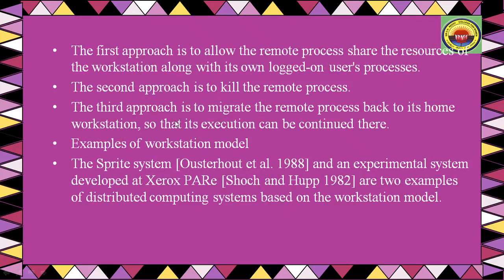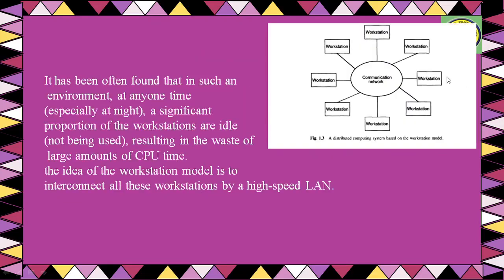And the third approach is to migrate the remote process back to its home workstation so that execution can be continued there. This depends on how far the process has progressed.